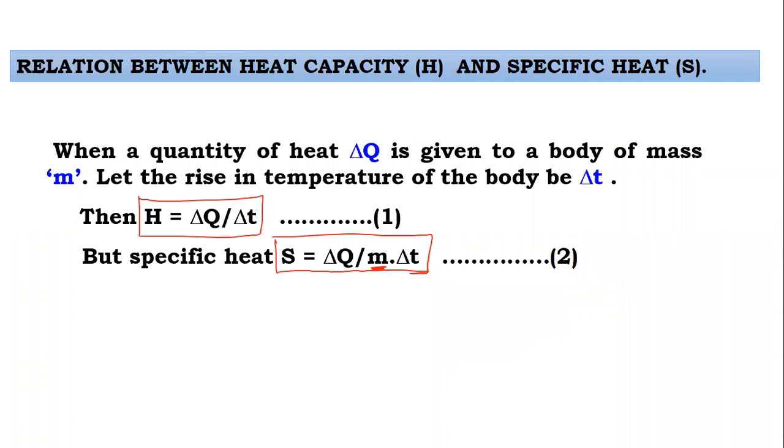From equation 1 and 2, we can write delta Q is equal to M S into delta T. So we have written a formula of delta Q by using specific heat.